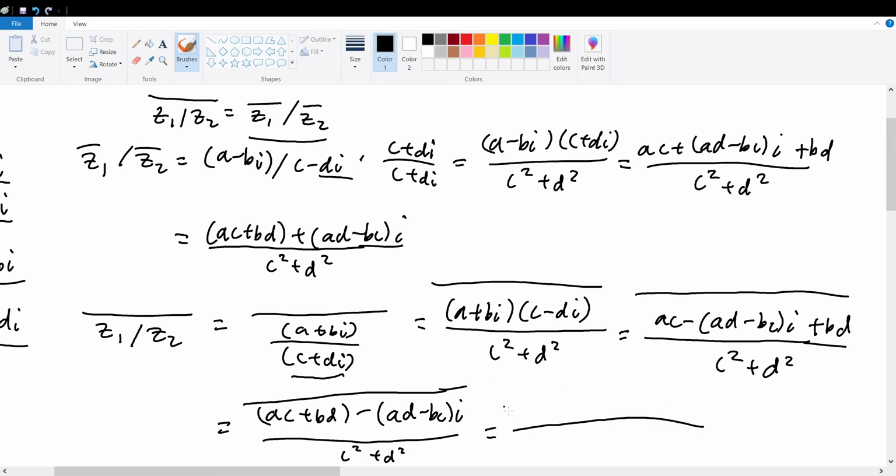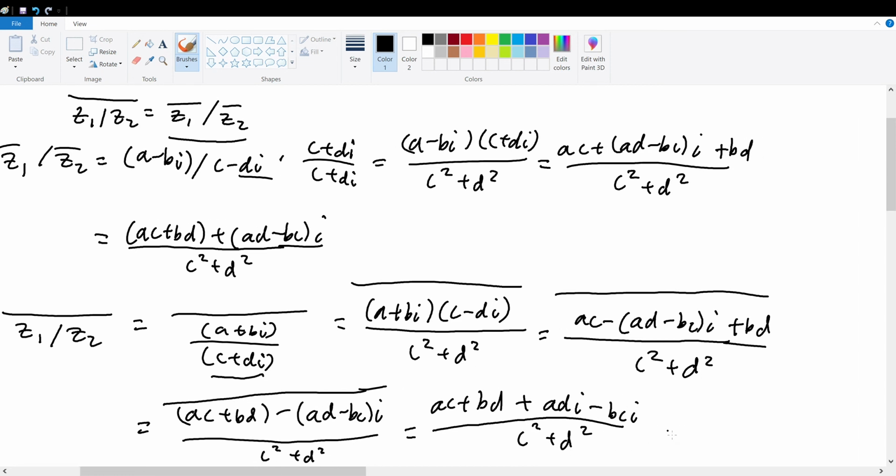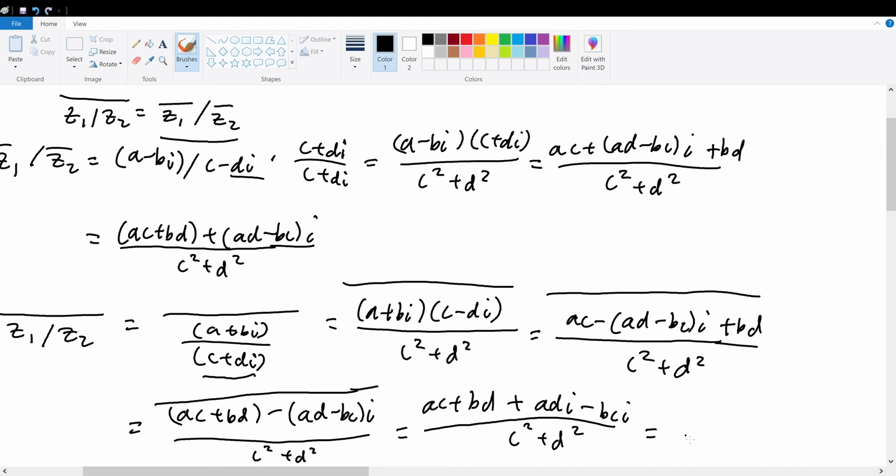So the numerator becomes ac plus bd plus adi plus bci. Sorry, that's supposed to be minus bci, divided by c squared plus d squared. And I can group them together to be further equal to, in its simplified form, c squared plus d squared in the denominator. And in the numerator, we would have parentheses ac plus bd plus parentheses ad minus bc times i.